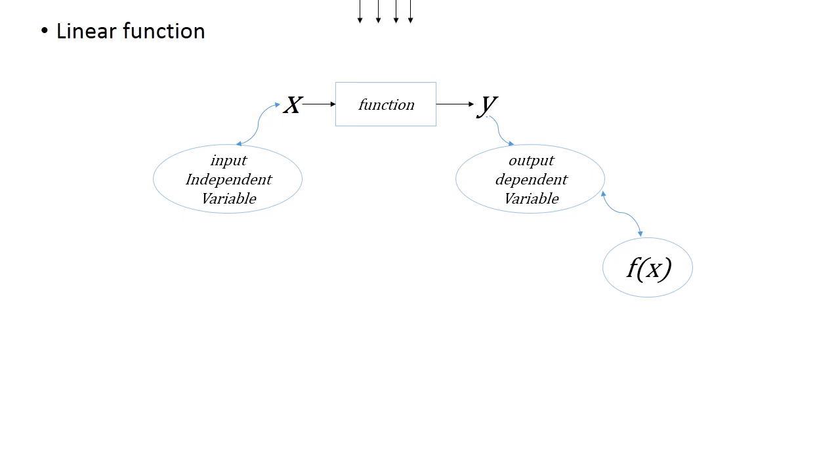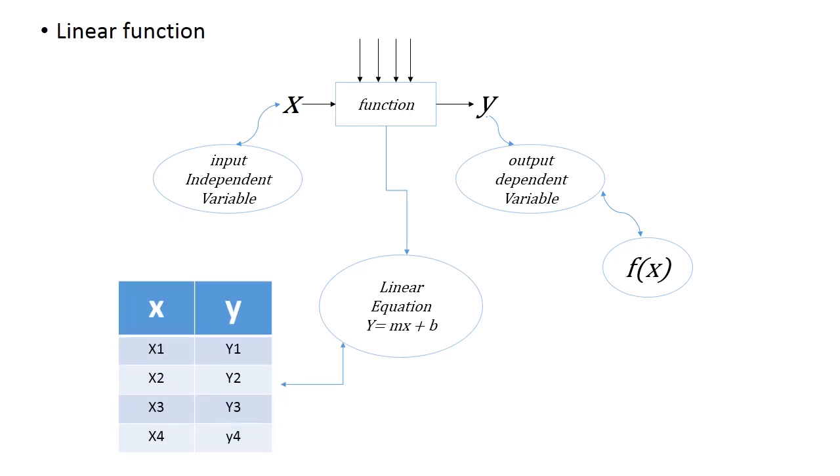Now what is inside the function box? It will be a linear equation that relates y and x, y equals mx plus b. That means that for each input x there will be an output y. For example, if we enter x1, we will get an output y1. If we enter x2, we will get an output y2, and so on.